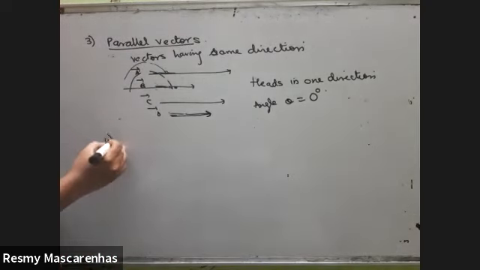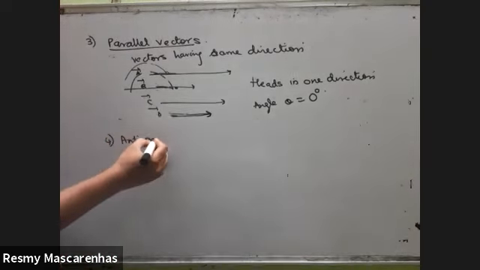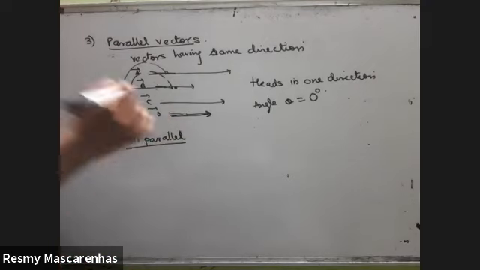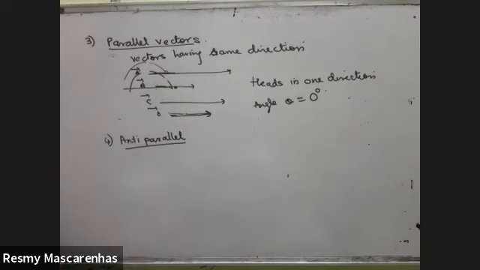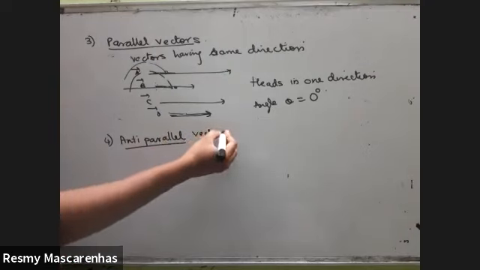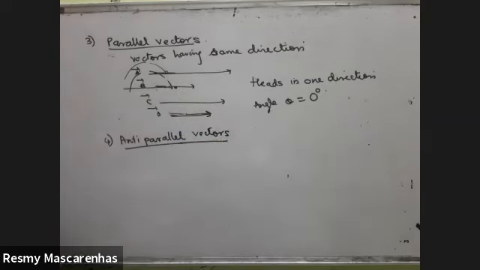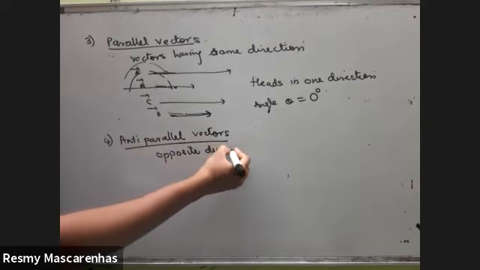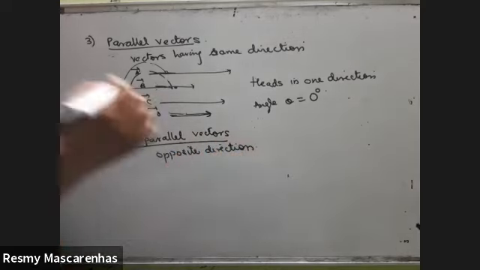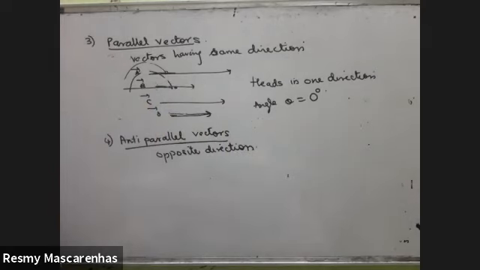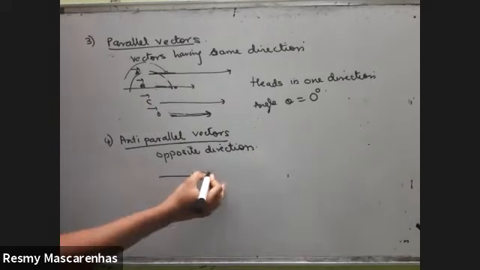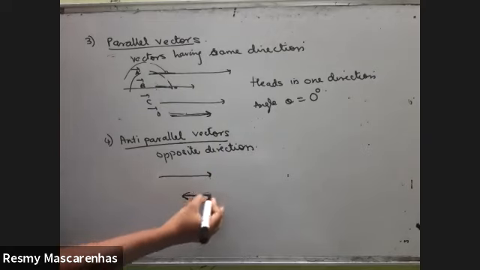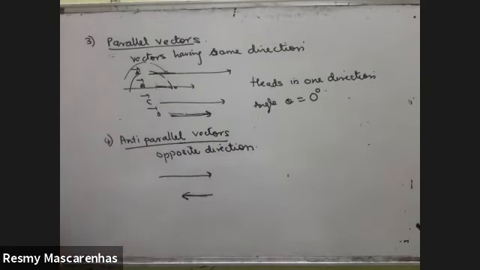Next part will be anti-parallel. Anti-parallel vectors are definitely in opposite direction. So these are called anti-parallel vectors.